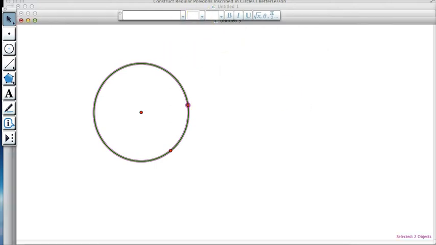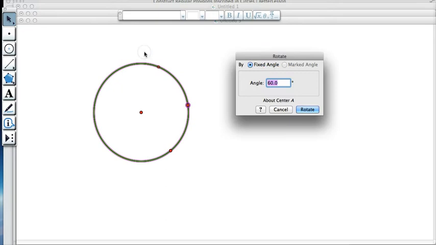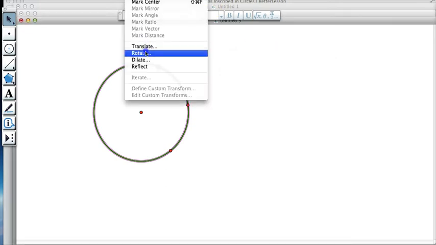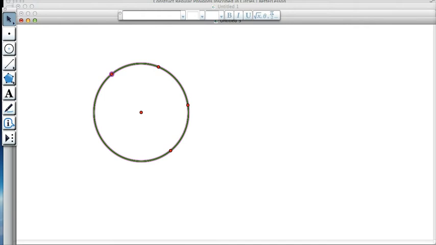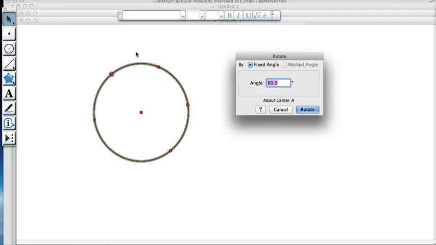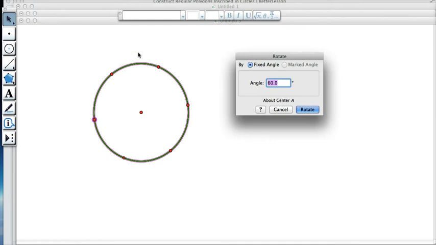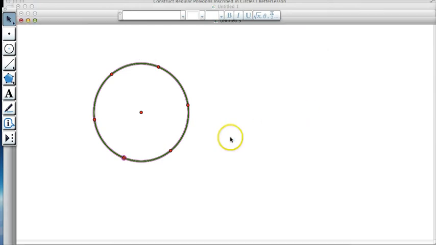And we want to repeat that rotation until we have our hexagon. Okay, so that will give us our hexagon, and what I'll want to do is spend a little bit more time talking about the features of hexagons.